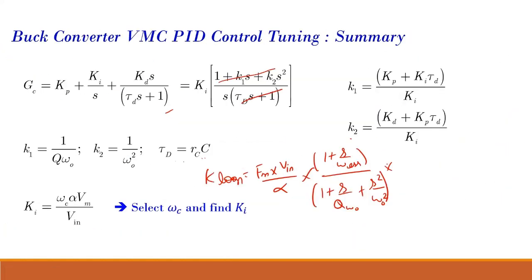What is your GC? This is your GC: Ki into 1 plus K1 s plus K2 s square, upon s into tau d of s plus 1, into Kf.